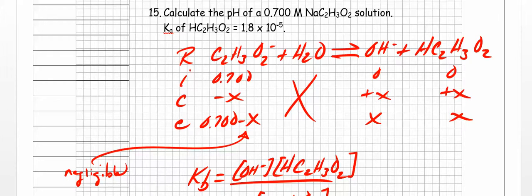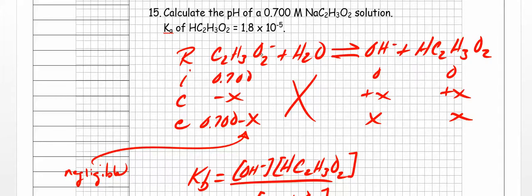Remember, when we're doing the hydrolysis for the salt, we're going to ask ourselves which is the ion from the weaker parent. So this came from sodium hydroxide and acetic acid, right? So acetic acid obviously is the weaker parent. So the acetate ion is the one that's going to be the ion from the weaker parent.